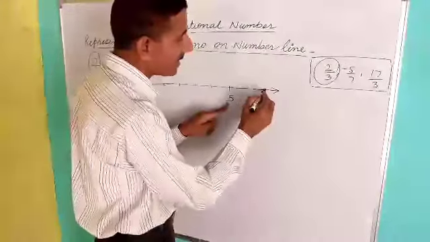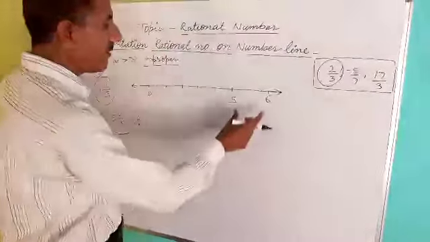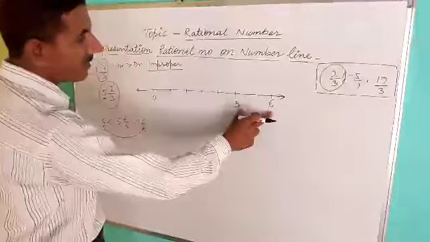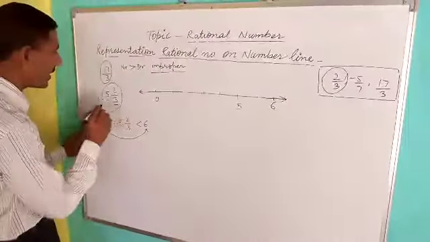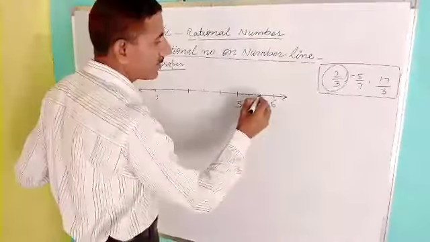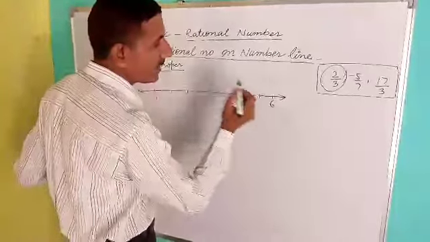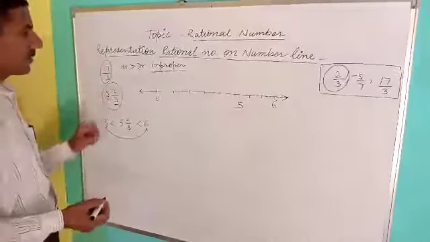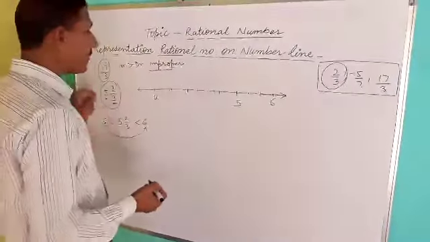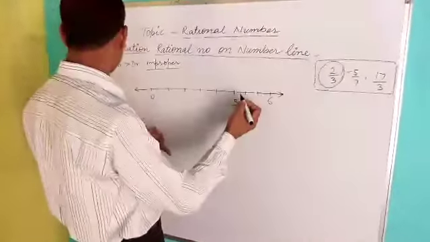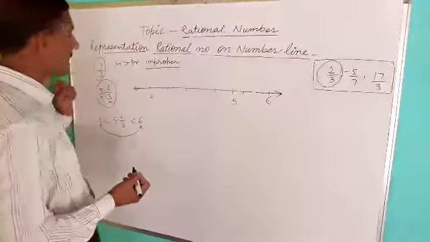Now the next point is 6, and divide the distance from 5 to 6 into 3 equal parts, 1, 2, 3. Now take 1 by 3, 2 by 3. Similarly 5 upon 3.